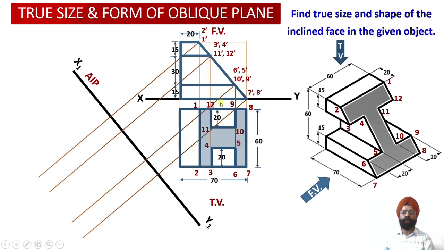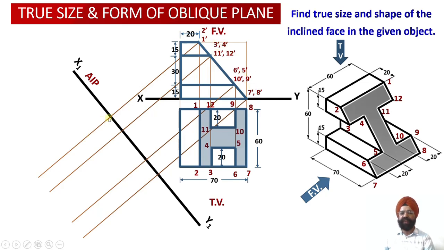For all these points, we are going to work out the distances from the XY reference line, that is from the vertical plane. We will be evaluating the distances of these 12 points from the vertical plane, and these distances will be marked alongside the corresponding projection lines which correspond to the different points appearing in the elevation.